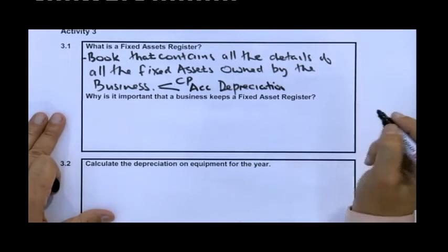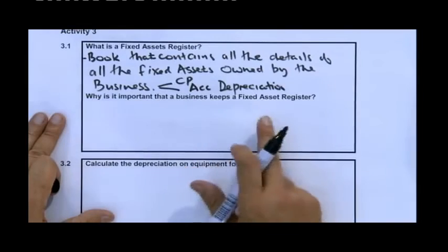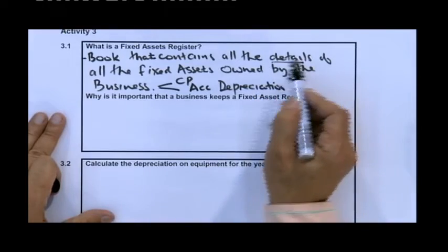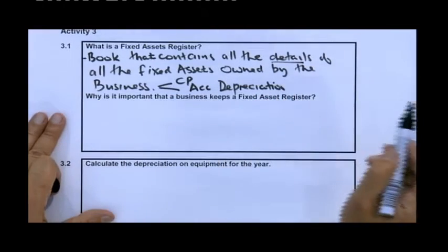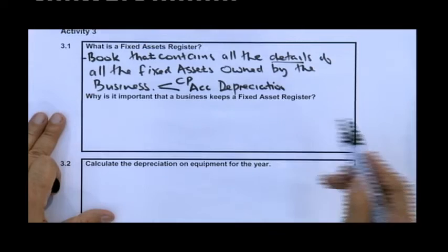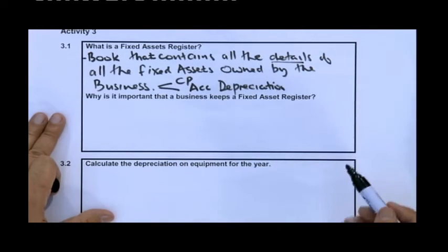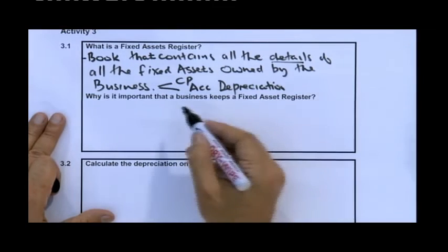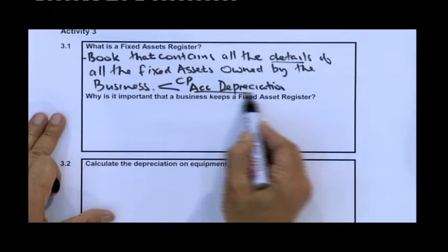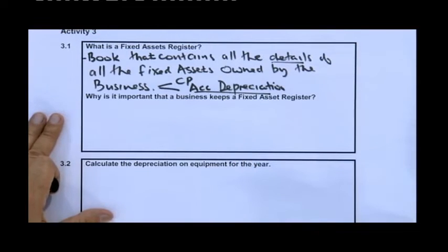And if we are selling it, it will have the date when the item was sold, and we no longer have the item physically. Okay? So that's why we're saying that it contains all the details of all the fixed assets that is owned by the business. Amongst others, it will contain the cost price as well as the accumulated depreciation of all the fixed assets owned. We just have to remember that land and buildings does not have any accumulated depreciation.